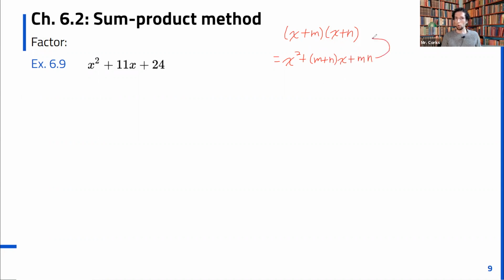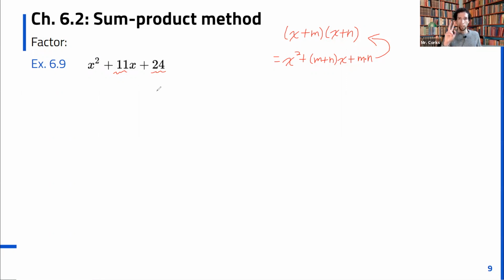But now we're going to go back and use this connection to work in the other direction. So again, a is 1. That's very important for this. Check that. And then we look at the b value in the middle and the c value on the end.